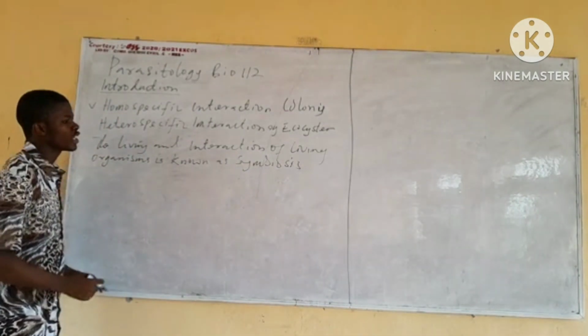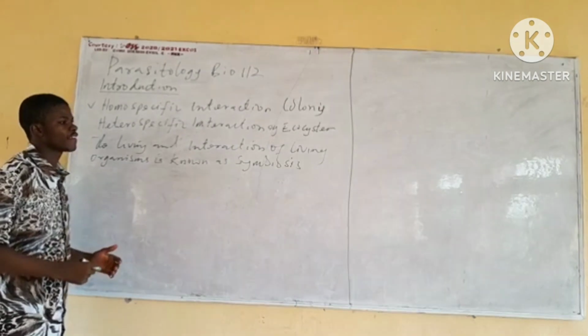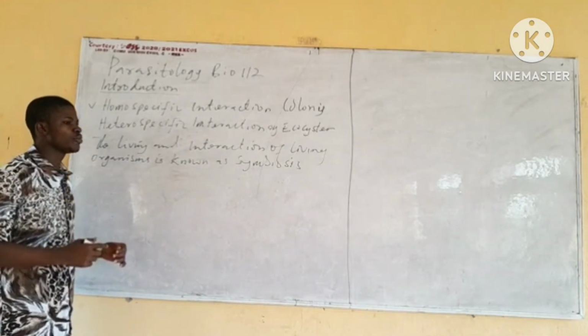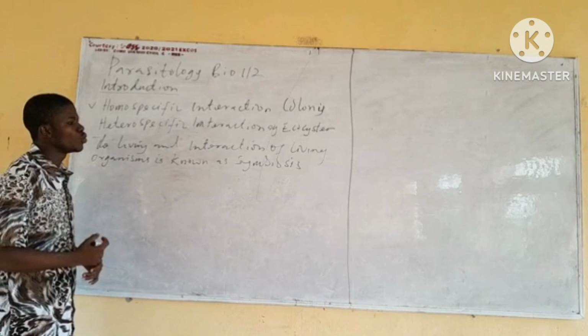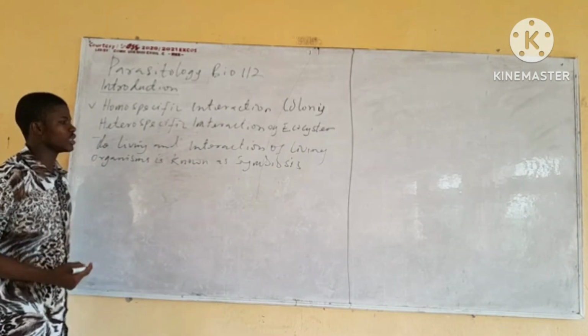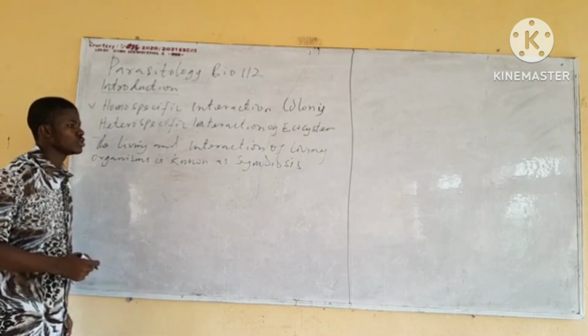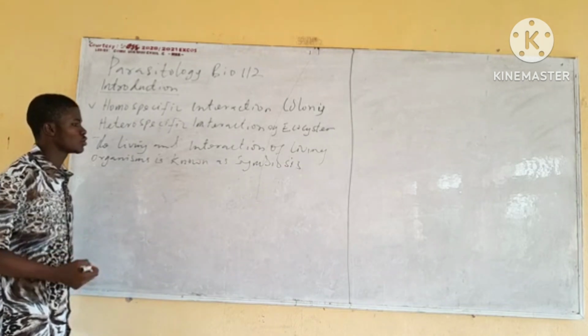So, under symbiosis, there are categories of symbiosis that we would try to understand in the course of our study. There are modes of interaction.